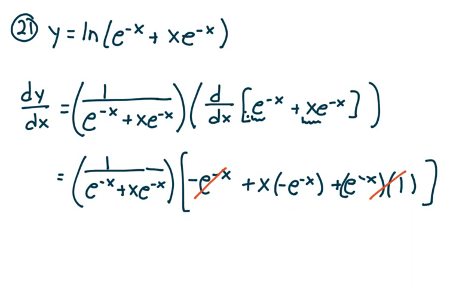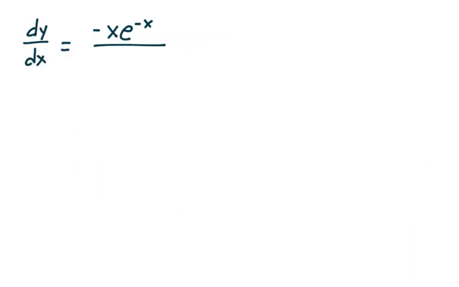dy dx is negative x e to the negative x divided by e to the negative x plus x e to the negative x.